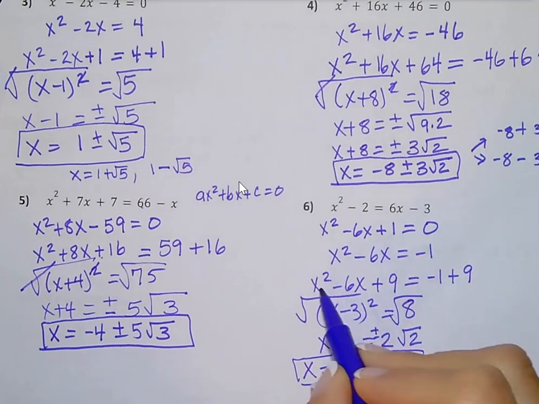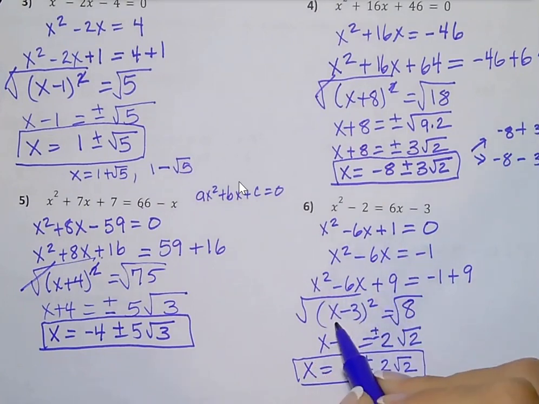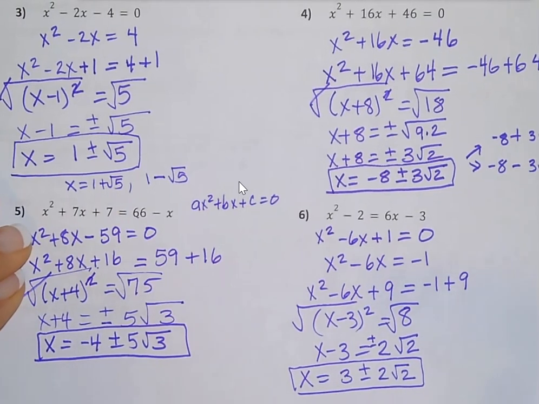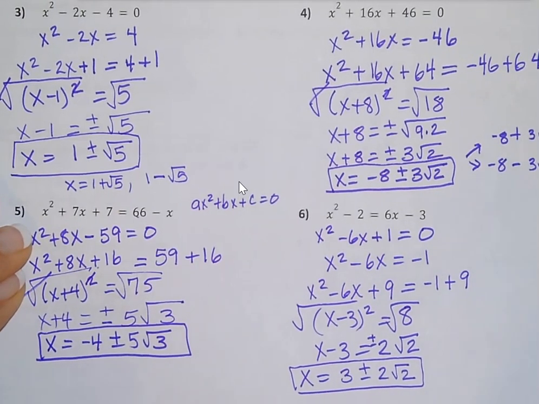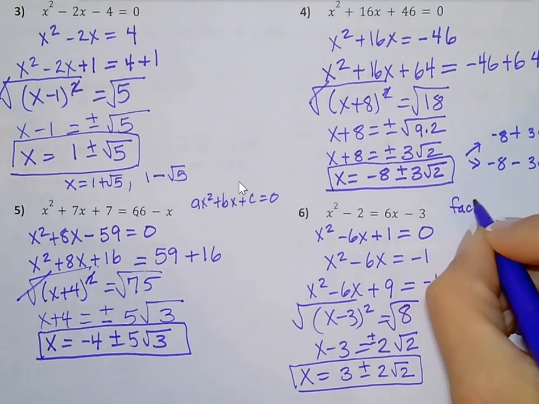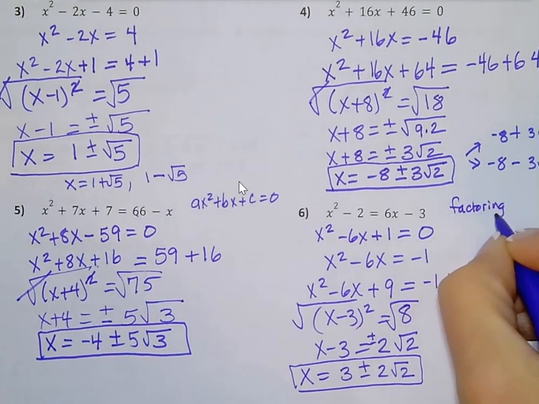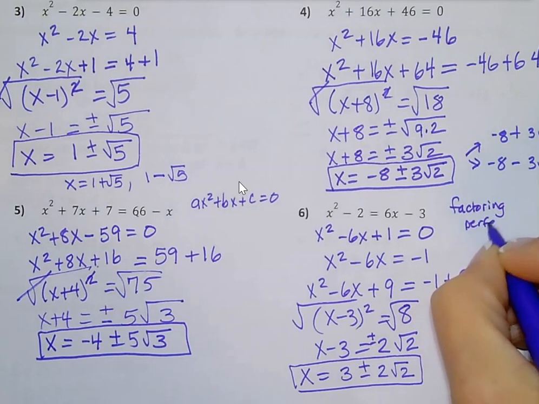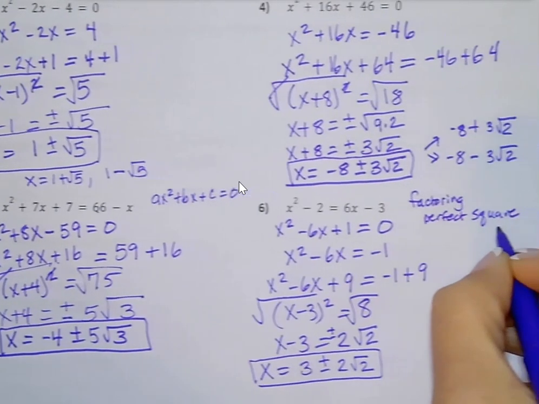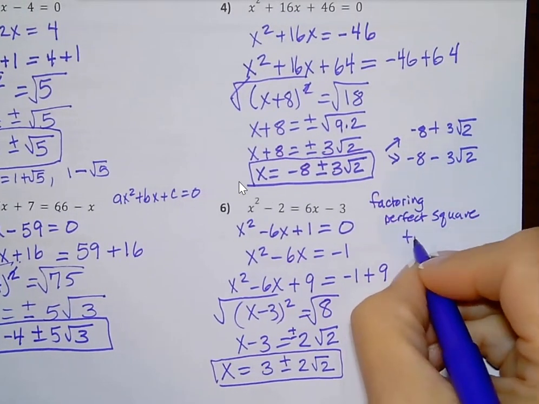So when I simplified that perfect square trinomial and made it x minus 3 all squared, if that's something that you're still needing reminders on, you can always go back to any of the Unit 7 notes and double check how to do that. Just so you know, if you want to look up how to do this, we were factoring perfect square trinomials.